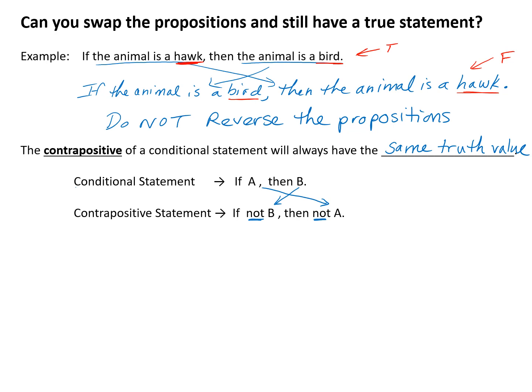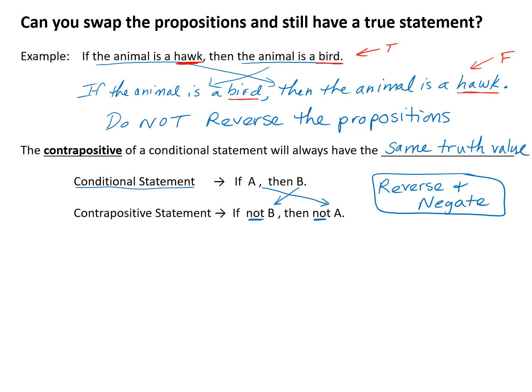So if my original statement was if A, then B, my contrapositive statement would be if not B, then not A. As long as I reverse and negate, I will still have a true statement. But I have to do both of them.